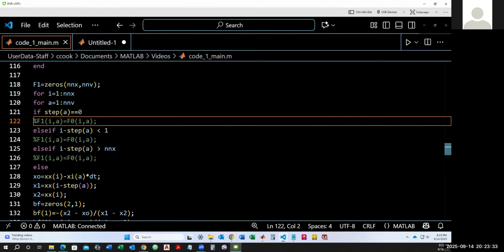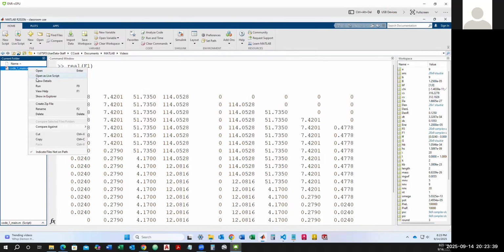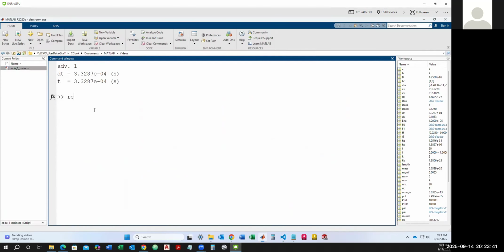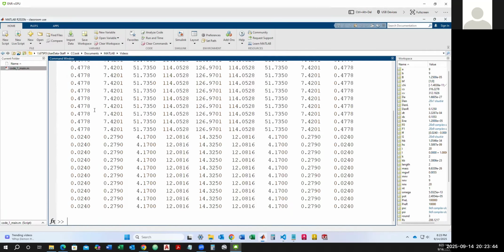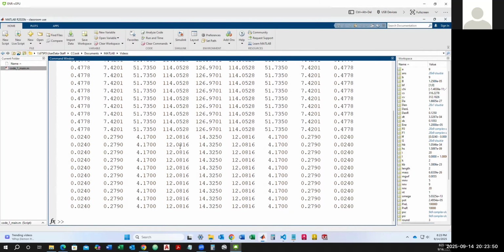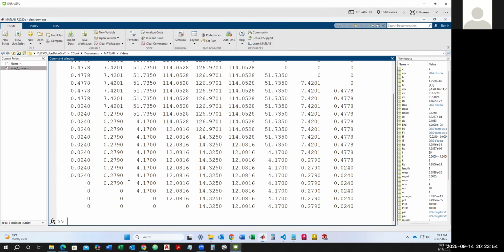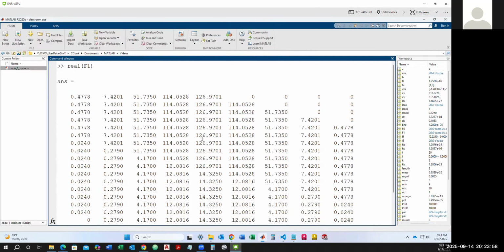When the step number is equal to 0, F1 equals F0. Okay, so we just filled in the middle column.